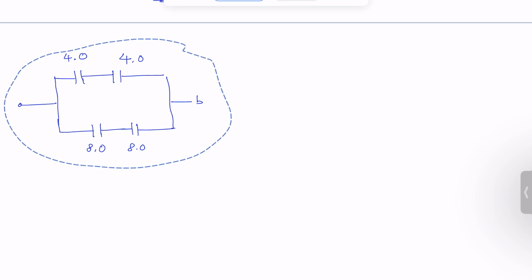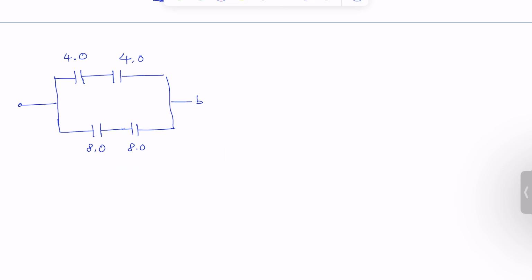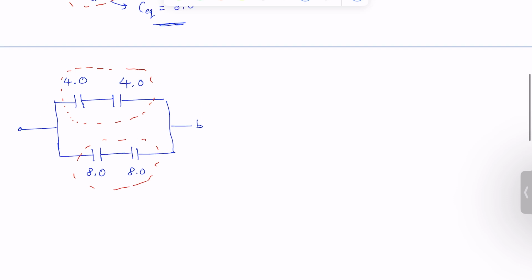Now if you look at this, on the top branch, these two guys, and then these two guys, they are in series. This implies that to calculate the equivalent capacitance, you use this formula: 1 over C1, that is 4, plus 1 over C2, that is again 4. This implies that it's going to be 2, right?